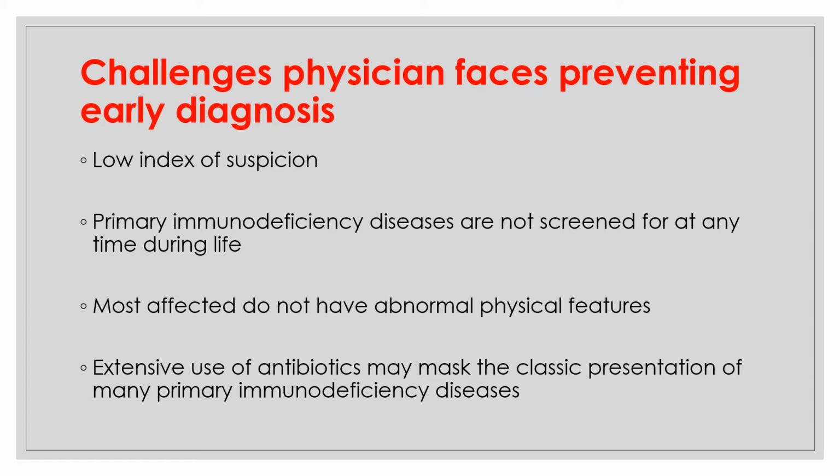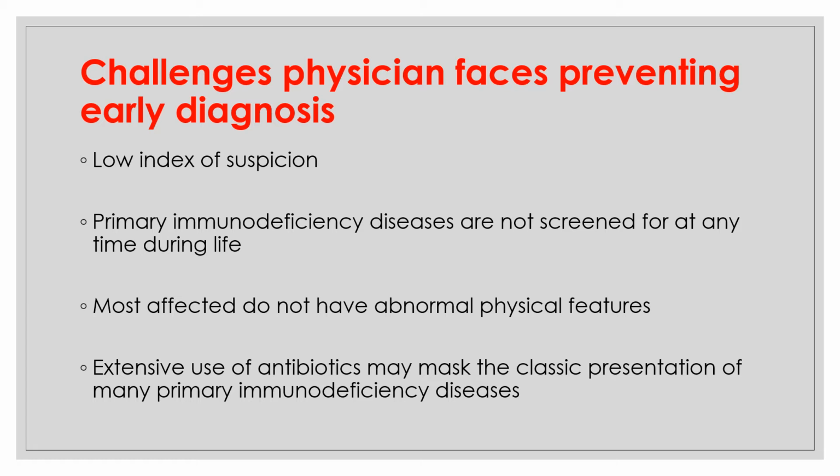neonatal screening test, for example, the phenylketonuria disease, the incidence for it is 1 in 16,000, but there are some diseases under the immune deficiency category, and the incidence is 1 in 10,000, which is relatively more common, but still not screened for.